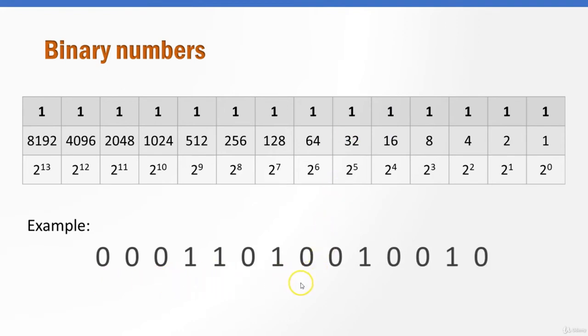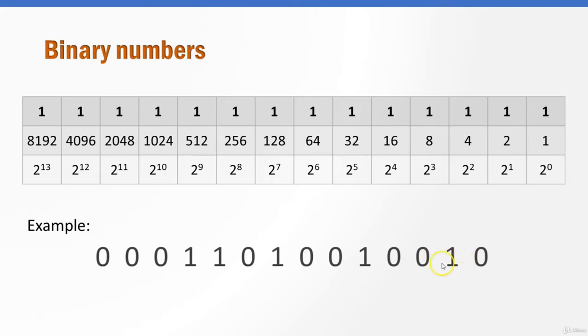So here is a binary number. Now I'm reading from right to the left. It's 0, 1, 0, 0, 1, 0, 0, 1, 0, 1, 1, 0, 0, 0. So what's the value of this binary number in decimal format? In order to calculate that, we're going to look at the values of ones in this binary number.